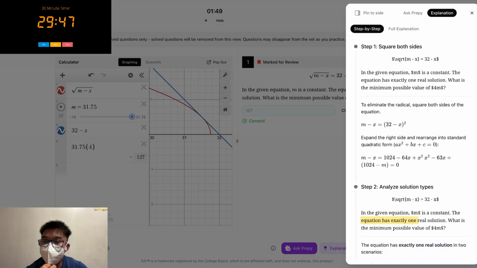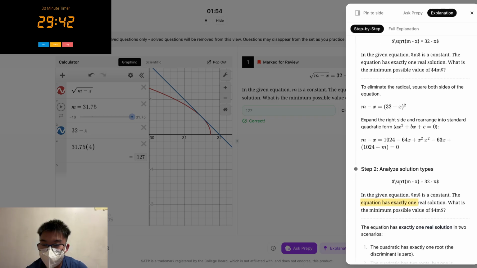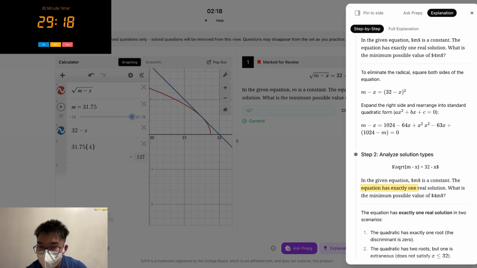Given the equation, m is a constant, and the equation has exactly one solution. You put that on this side, then 2x squared, and the discriminant is equal to 0. So I'm guessing you move everything down to one side, and you have this equal to 0.